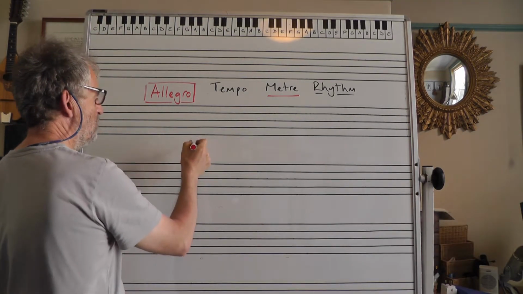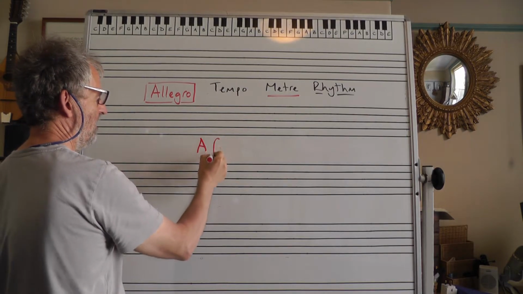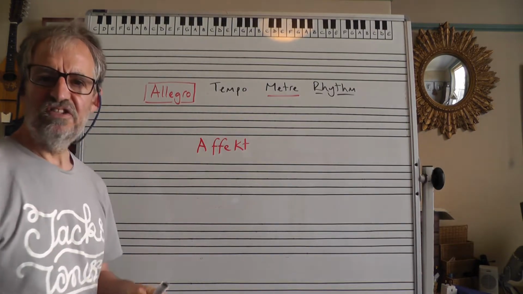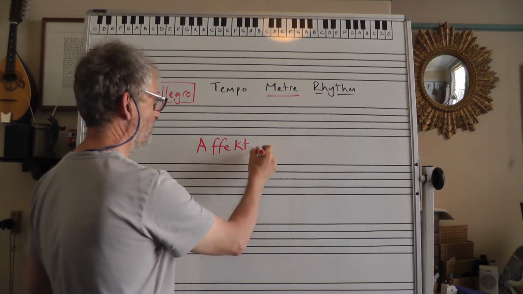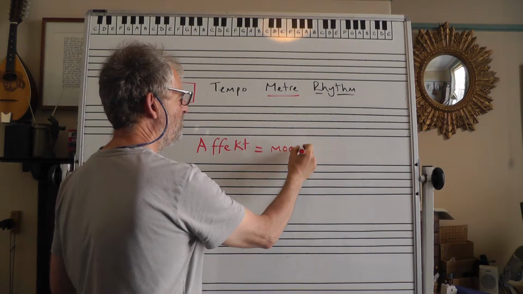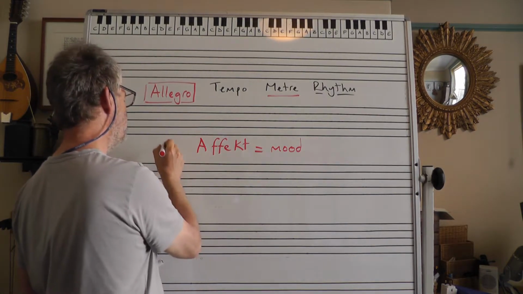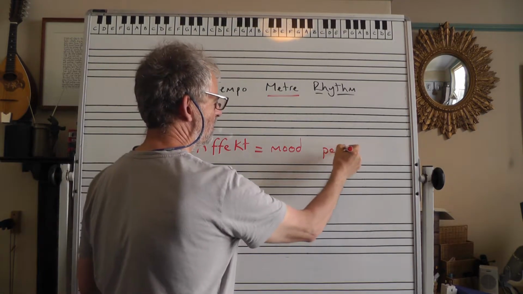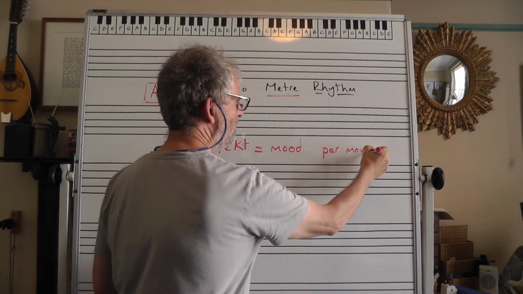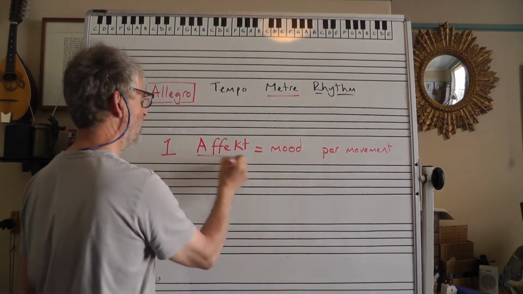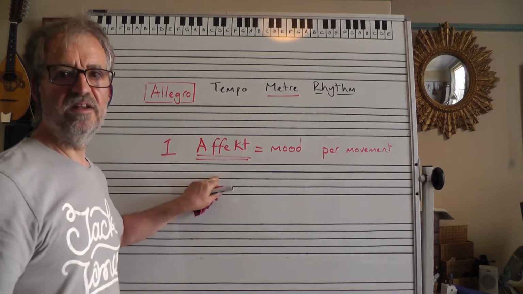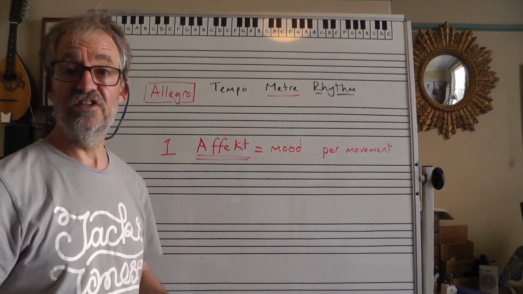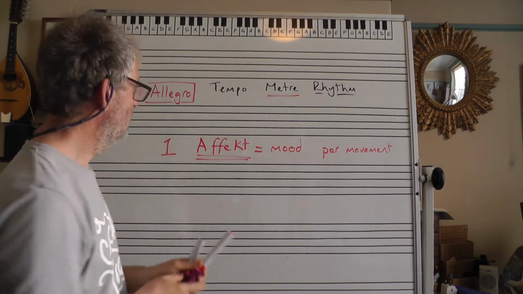So, German word: affect. That sort of means mood, okay? Now in the Baroque period, it was one affect or mood per movement. They didn't like you changing it, so therefore if we're only having one affect or one mood per movement, then our tempo and our meter aren't going to change, because that would change the mood.